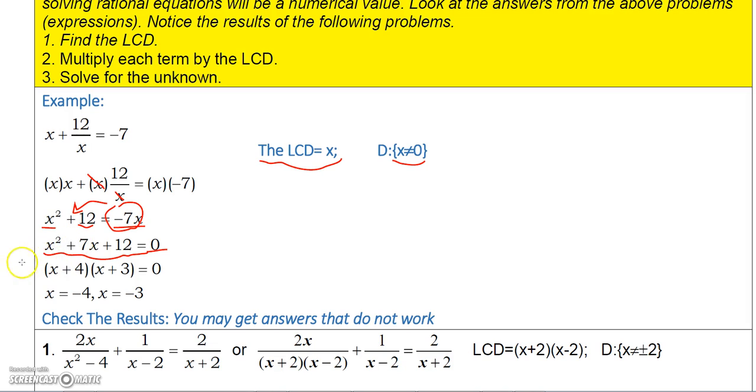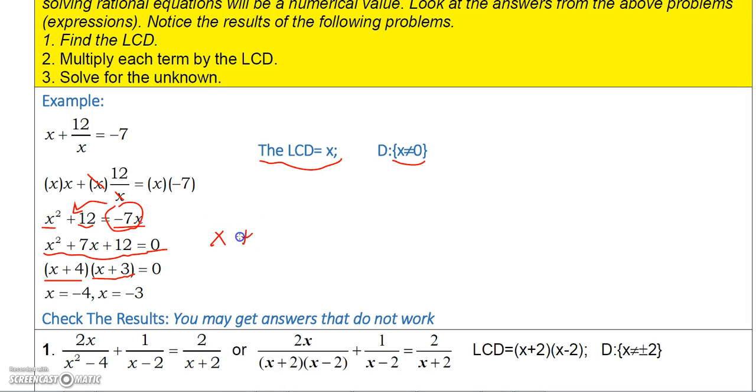Now, to solve this, you just need to factor this, and this is really not difficult to factor. You just have to find two binomials that multiply together to give you this trinomial, and you can see that I got x plus 4 and x plus 3. And then to solve this, you just set those equal to 0.